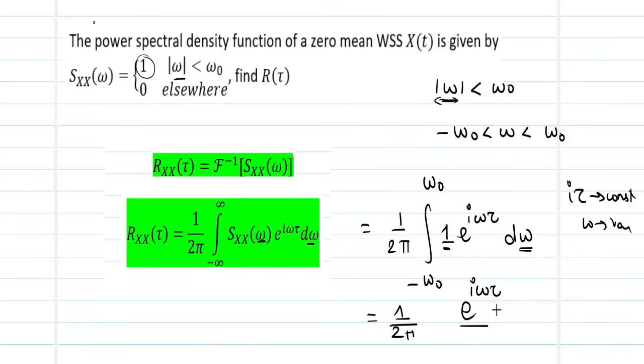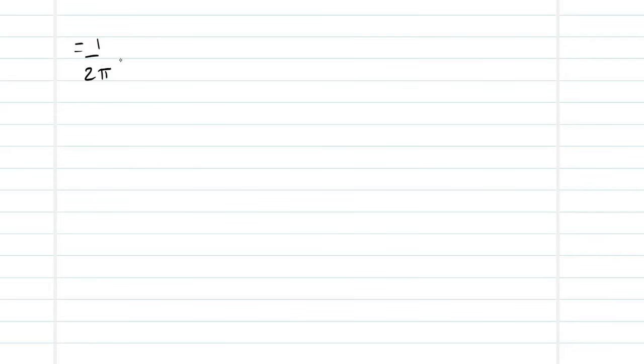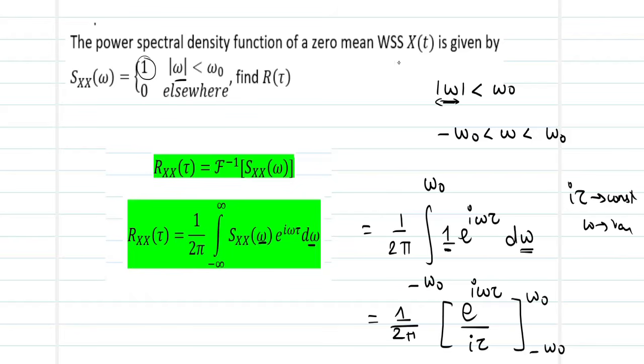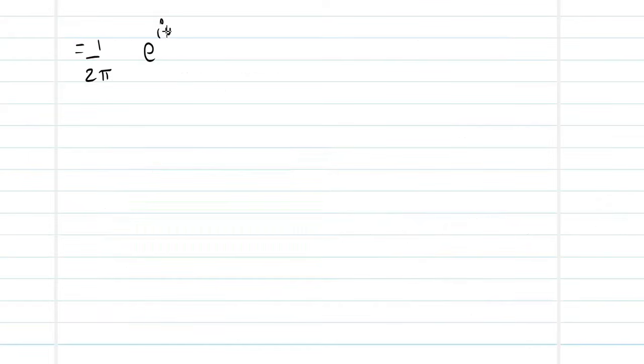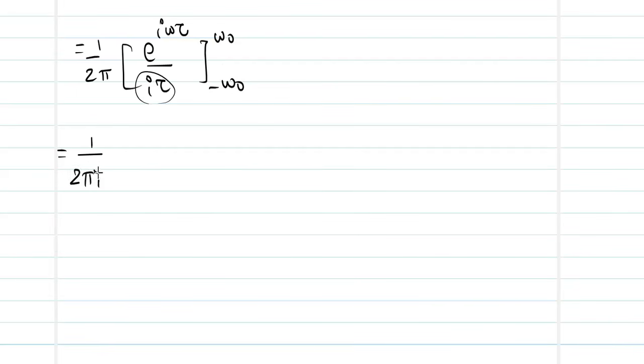What is going to be the constant part I will have to divide by? The constant part I will have to divide by will be my i tau. This has to be applied between the limits omega naught and minus omega naught. Moving to the next slide, this is going to be 1 divided by 2 pi, e power i omega tau divided by i tau between the limits omega naught and minus omega naught. i tau is a constant, let me pull it outside. 2 pi i tau.